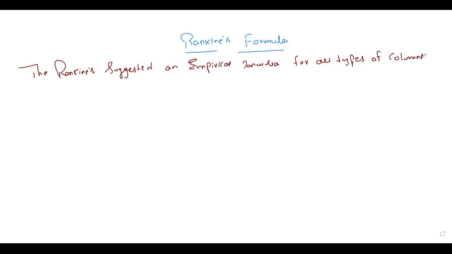Any columns ke general ka use chese formula Rankine formula. What do you mean all types of columns? It is used for long column, short column, and intermediate.